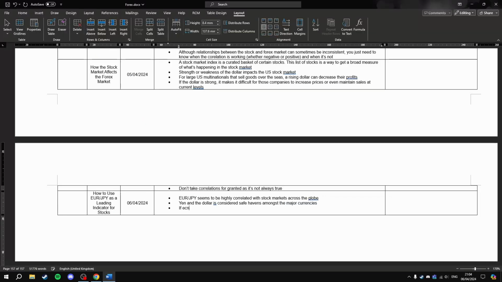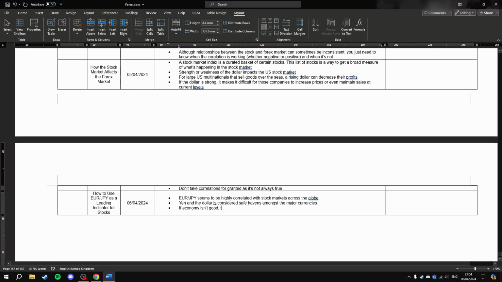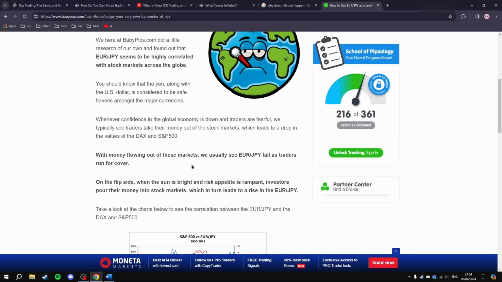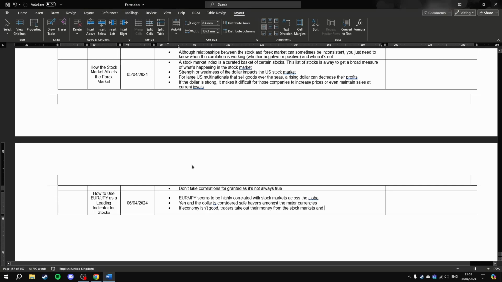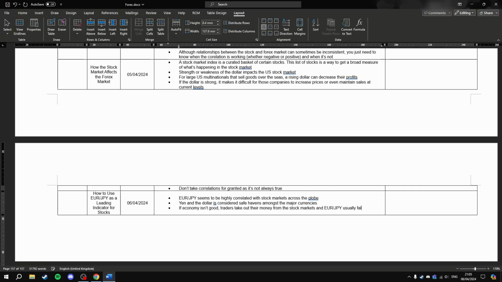If the economy isn't good, traders take their money out of the stock markets and EUR/JPY usually falls.